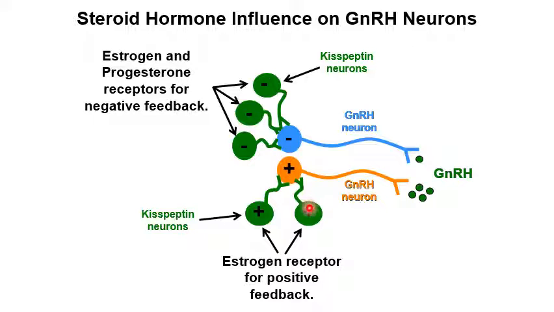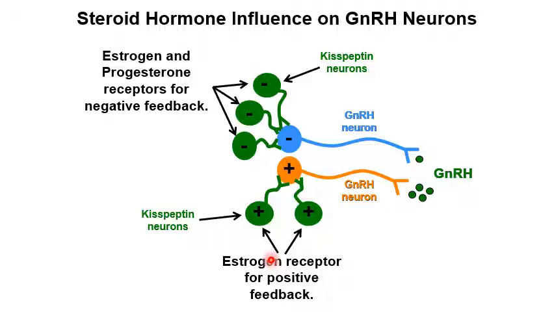So as shown in the diagram, we have the Kisspeptin neuron, the one in green. We have the receptor for estrogen, and the estrogen can have a positive or negative effect or feedback. The negative feedback will also have a negative effect on the GnRH neuron because it will only release a small amount of GnRH.